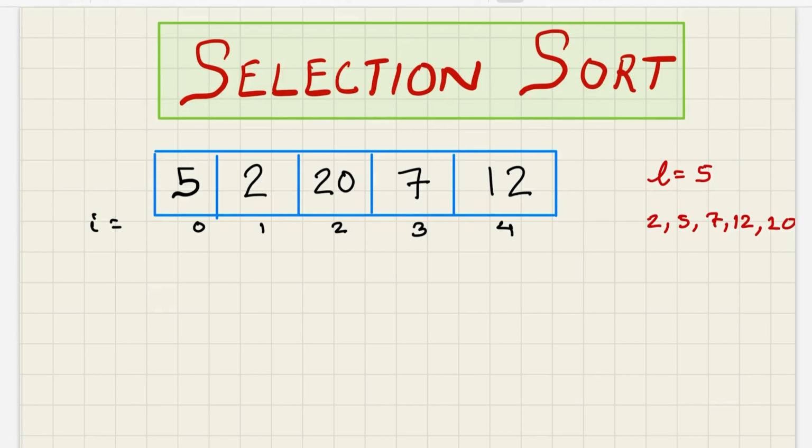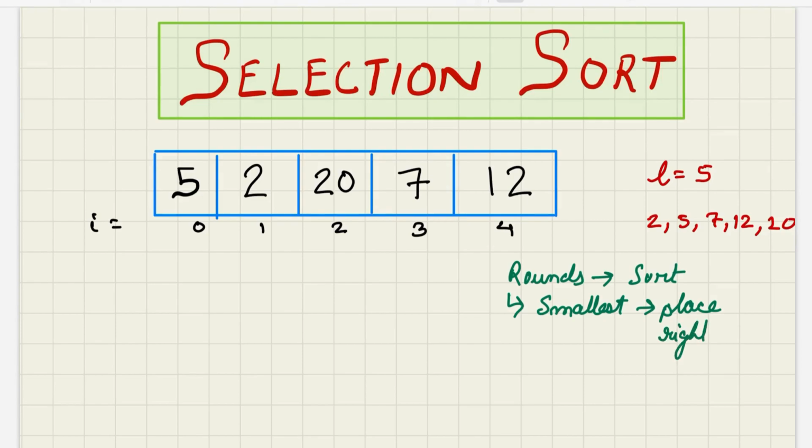First, we need some rounds, on the basis of which I will be sorting the array. In the first round, I will get the smallest element out of the array, and then I will place that smallest element in the right place.